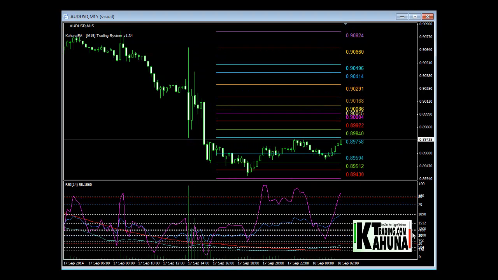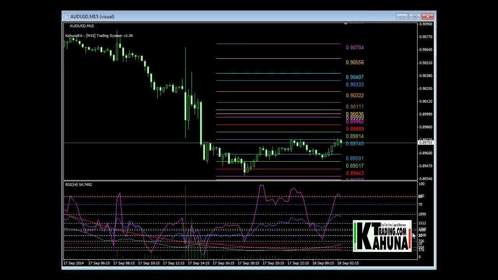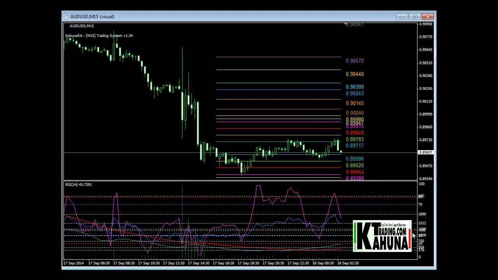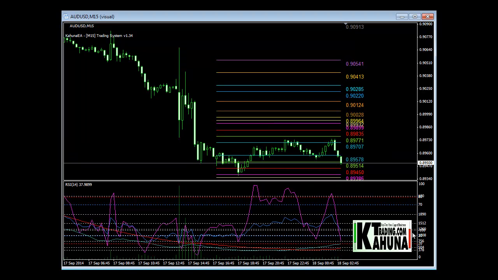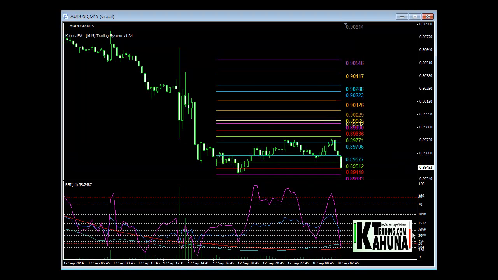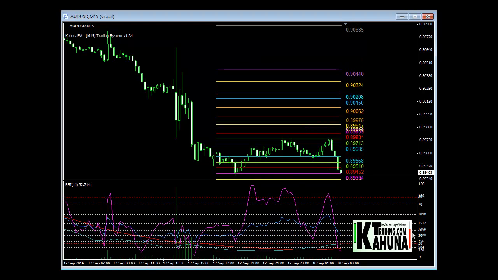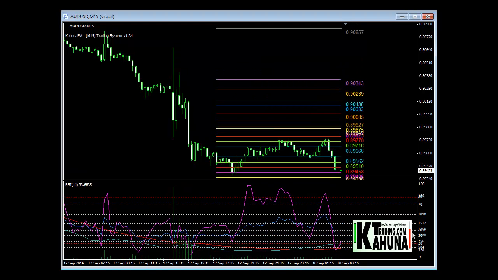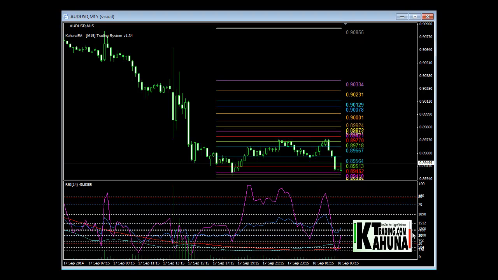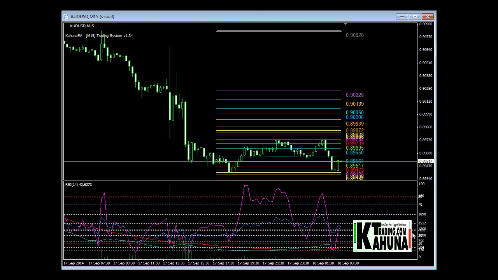So now we're starting to move into bullish territory. And you notice that at the bottom, our indicators are starting to move north.